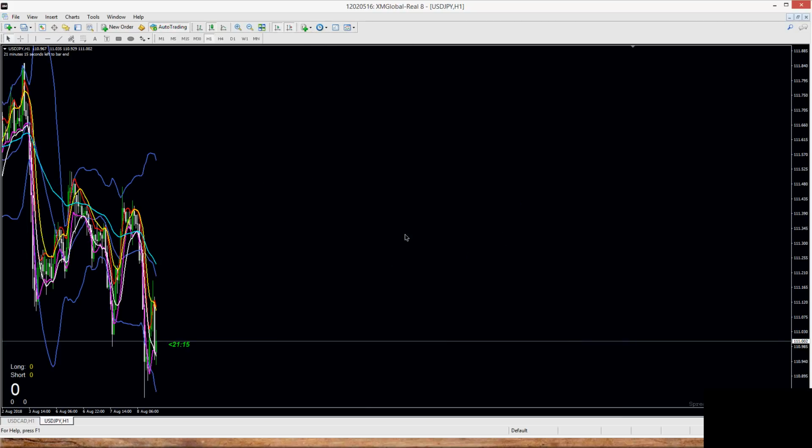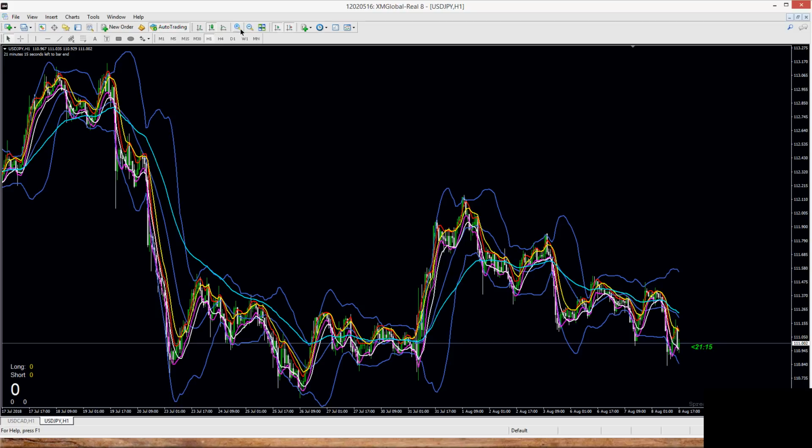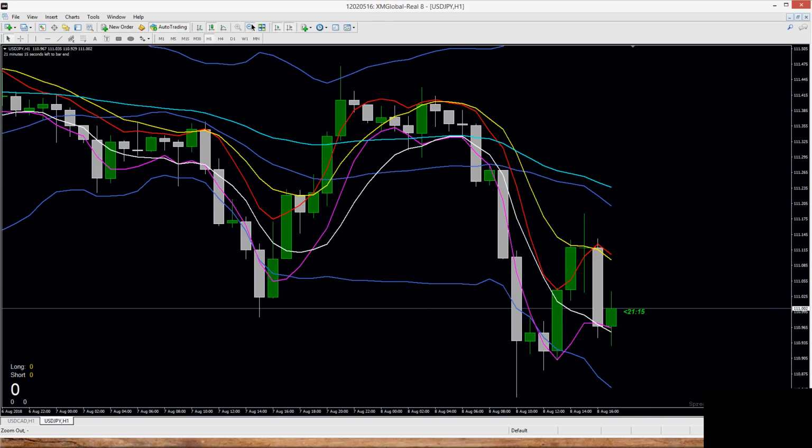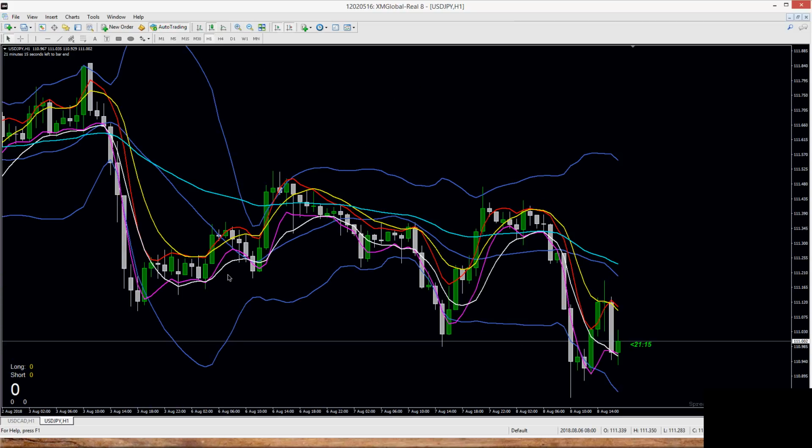Let me go back to that example just now. As you can see, there's a sideways Bollinger Band over here, and there's a particular momentum just over here. Let's talk about the moving averages earlier on.